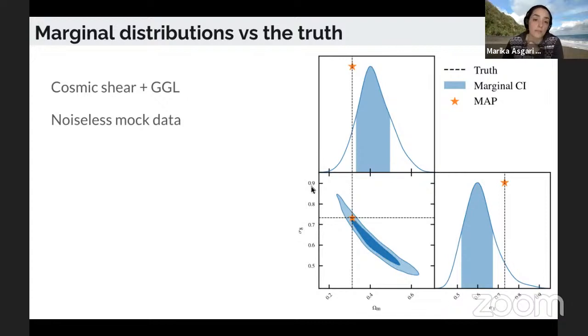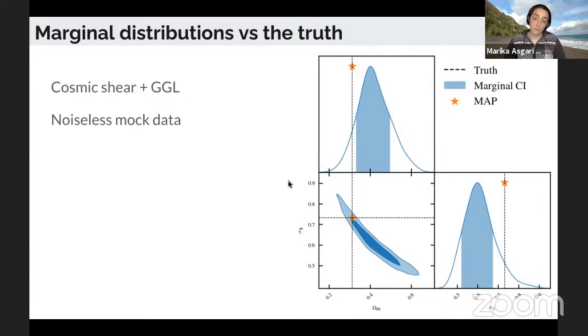So what's happening here? We first thought maybe we've done something wrong in the analysis. And by the way, this is a noise-free analysis. But then soon we found out that no, this is not something we've done wrong with the analysis. It's just that the interpretation is not correct. Because we're looking at marginal distributions, and the likelihood distribution is not Gaussian.